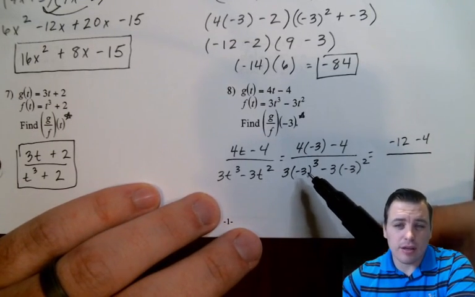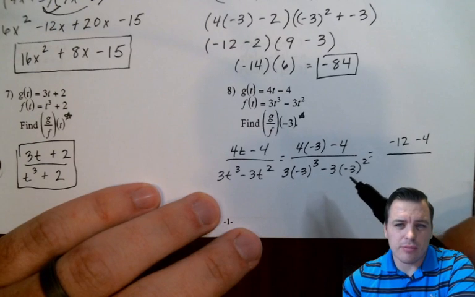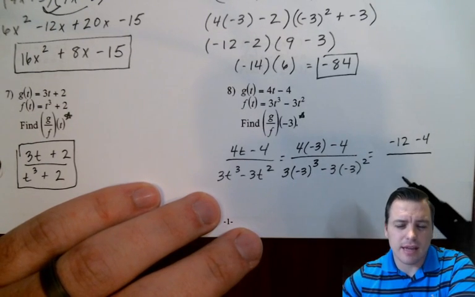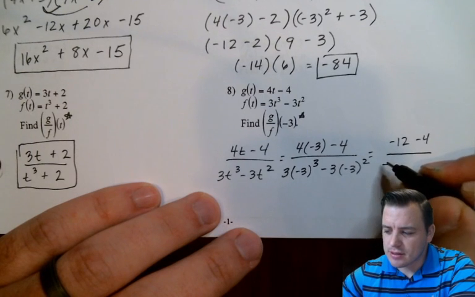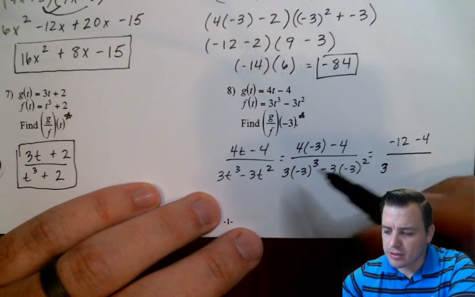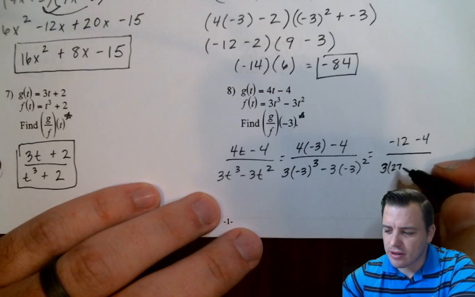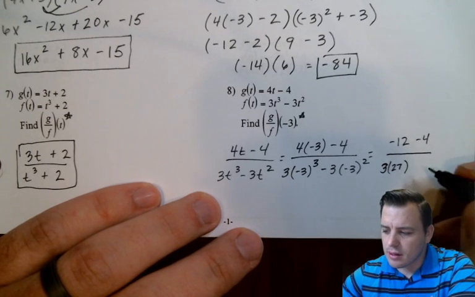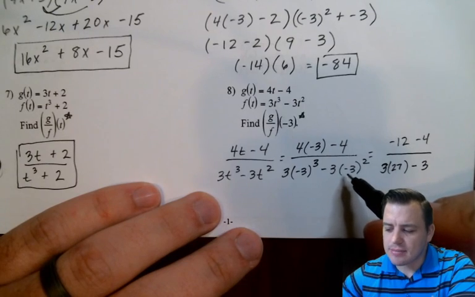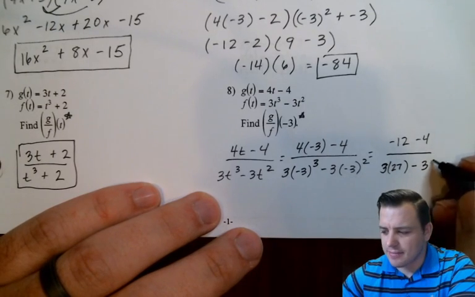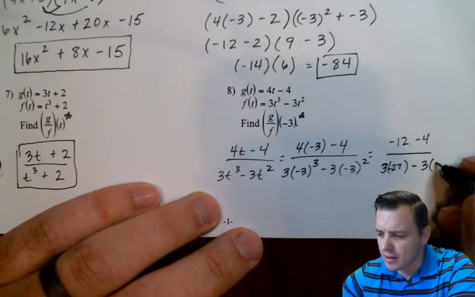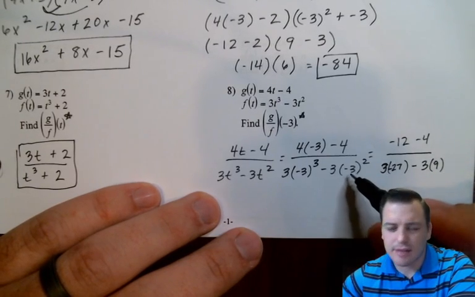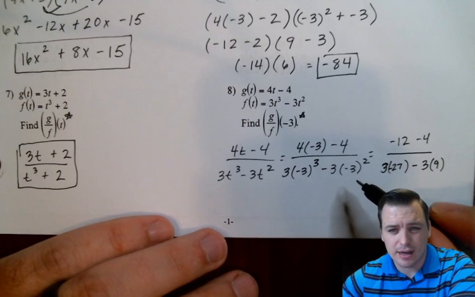So we say negative 12 minus 4 over 3 times, or let's first handle this. Negative 3 cubed. Negative 3 times negative 3 times negative 3. It's going to be a negative, and it's going to be a negative 27. So 3, don't forget about our original 3. 3 times 27, and then minus 3, and then times negative 3 squared is 9. And actually that's a negative 27 in there. Make sure you put that negative, sorry. But that's a positive 9 because negative 3 times negative 3 is positive 9.